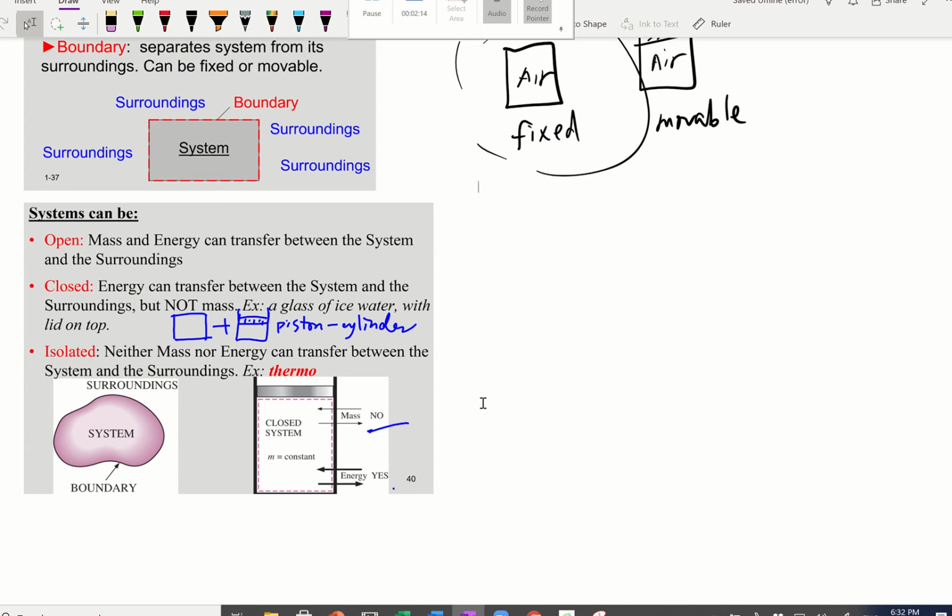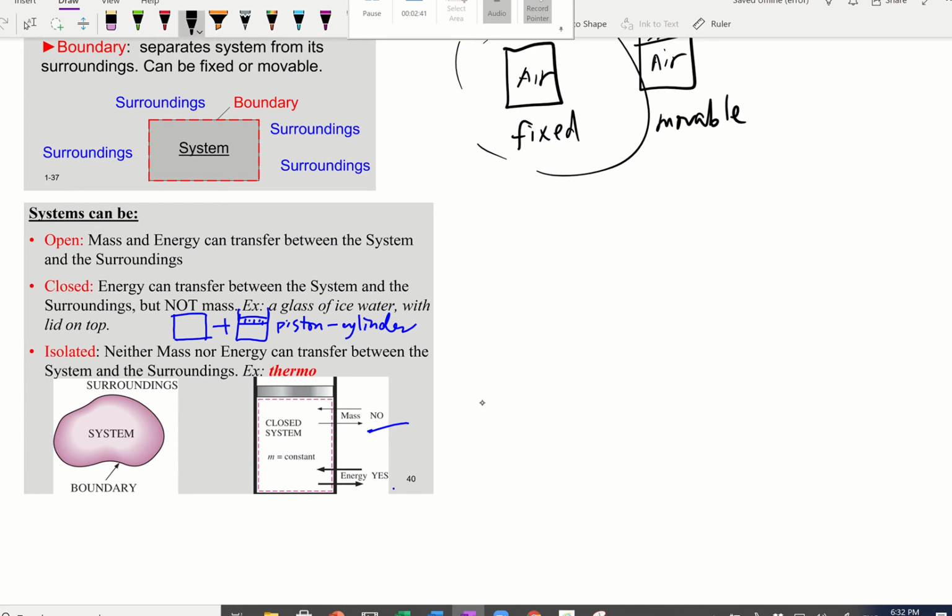But would there be any heat transfer? Yes, the ice water is going to melt and the temperature is going to get higher, right? So eventually, if it's in the summertime, there's a heat transfer between the glass and the surrounding, so the energy will be transferred.